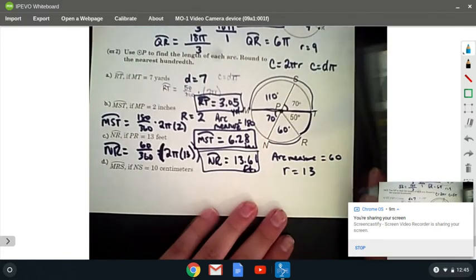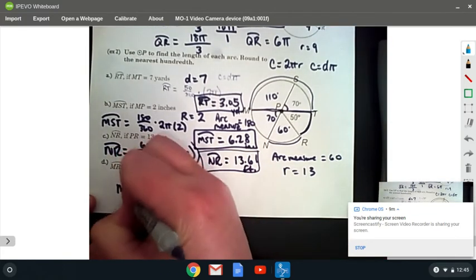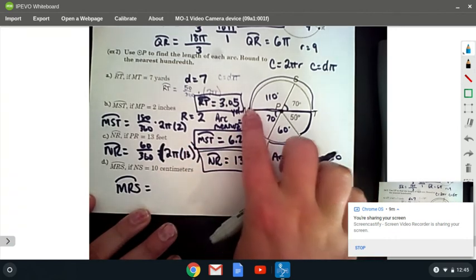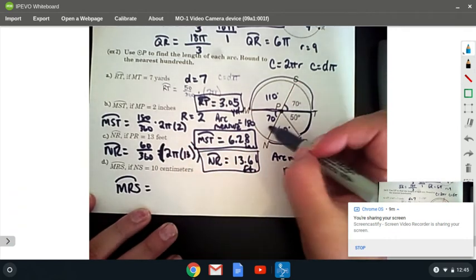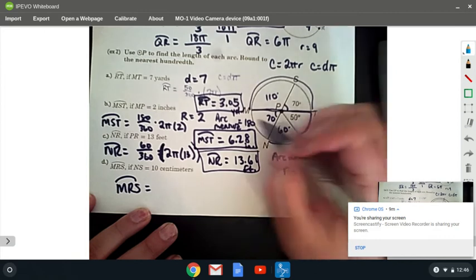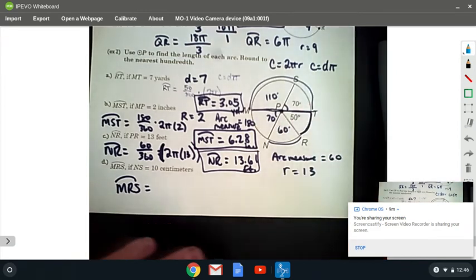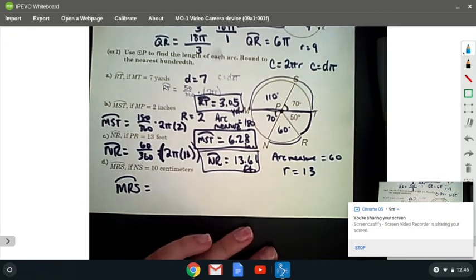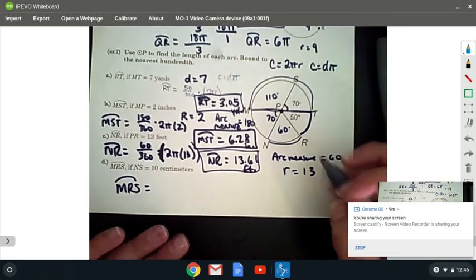Okay, I'm on my last one here. The unit is centimeters. It's arc MRS. So MRS is 180 and 70, that is 250.